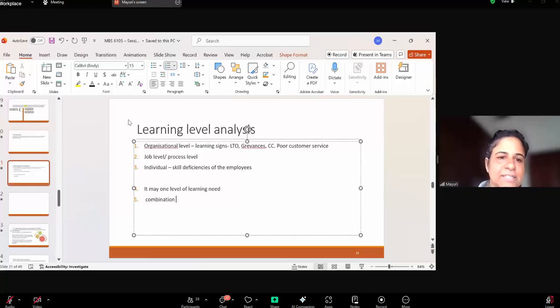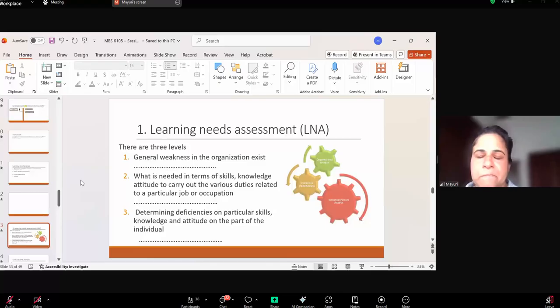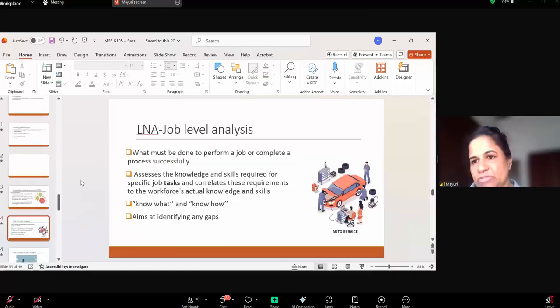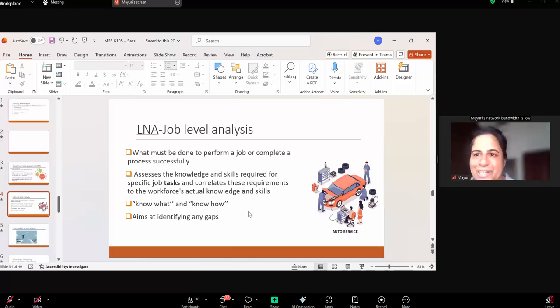So is the gap analysis clear? I have given all these descriptions. What is a general weakness in the organization is organization level, and then job level, and the individual level I have given. It's the same example I told you about NRM. So it is given here.